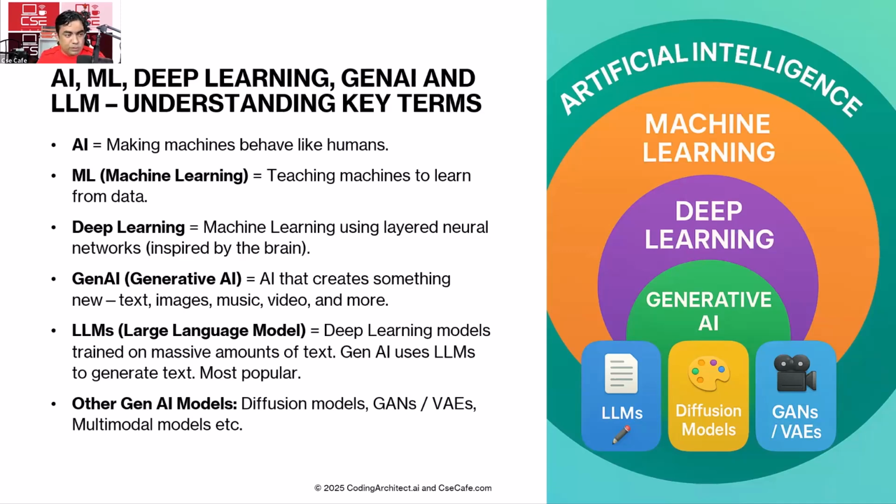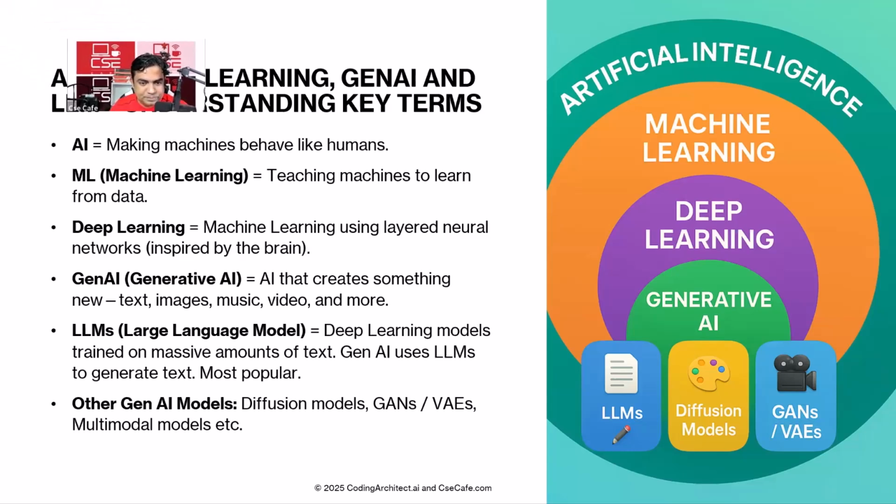It is mostly because of GenAI and related tools such as ChatGPT. You may hear terms such as LLMs, or large language models. They are deep learning models trained on massive amounts of text. GenAI uses LLMs to generate text, and it also uses other models such as diffusion models to generate other types of data like images.